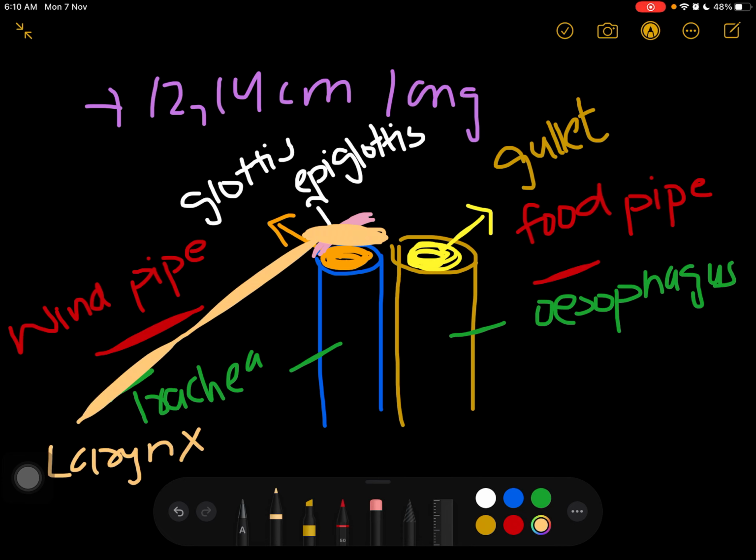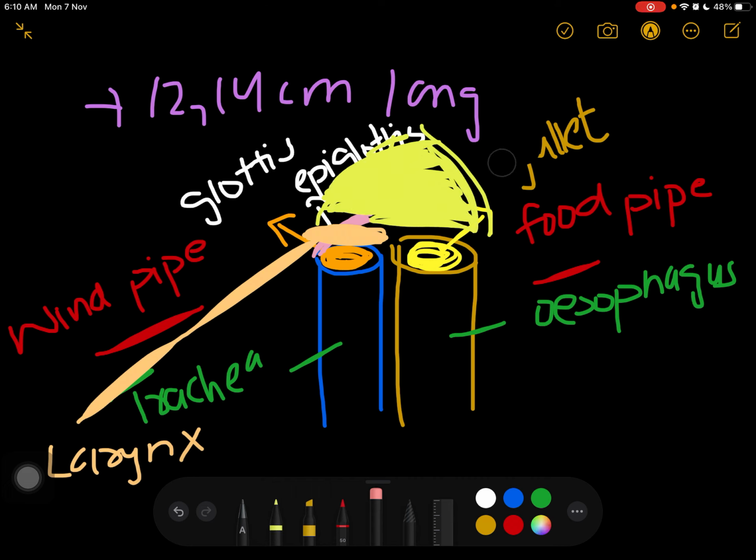And above this larynx, the hole here is known as pharynx.